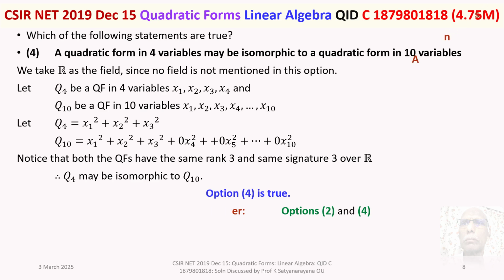Right? That is the detailed discussion of the solution of the given problem. I remember that we have done a similar question in the same question paper of December 15, 2019, where almost two options are the same.